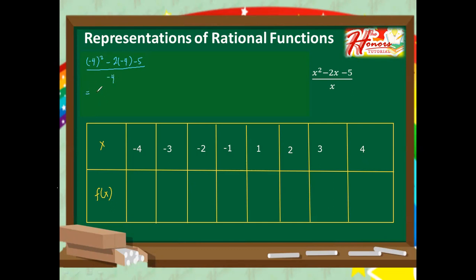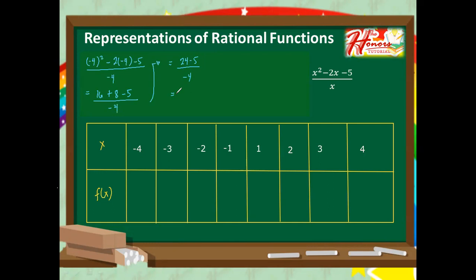Negative 4 squared is 16, positive. Negative 2 times negative 4, that's positive 8. And then copy negative 5 over negative 4. Continue solving. 16 plus 8, that's 24, minus 5 over negative 4. So let's subtract.